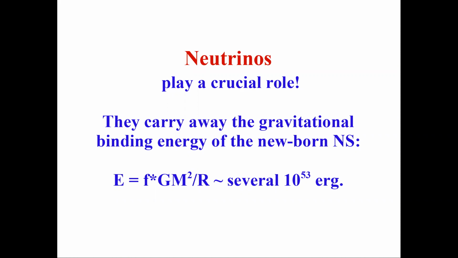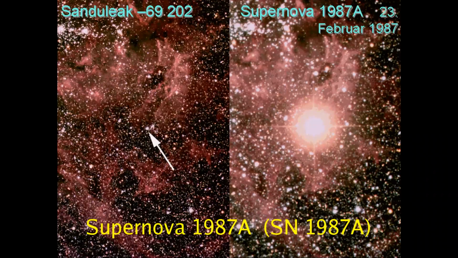So this optical display is a very, very tiny amount of the total energy released, mostly carried away by neutrinos. This is maybe the most famous example, which happened 33 years ago in the Large Magellanic Cloud, a neighbor galaxy of the Milky Way.